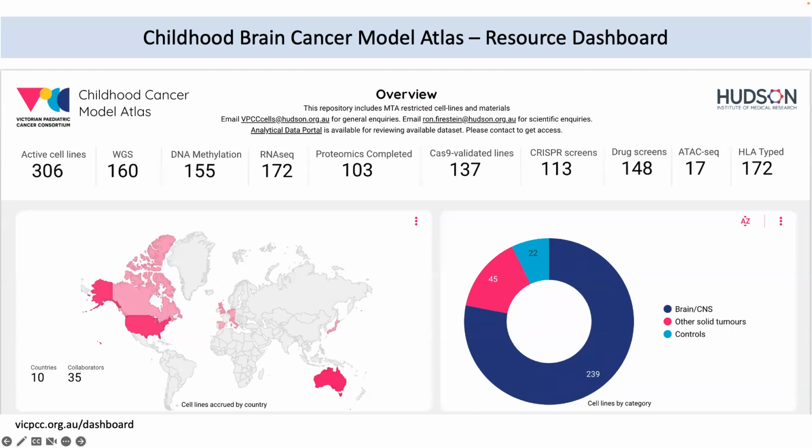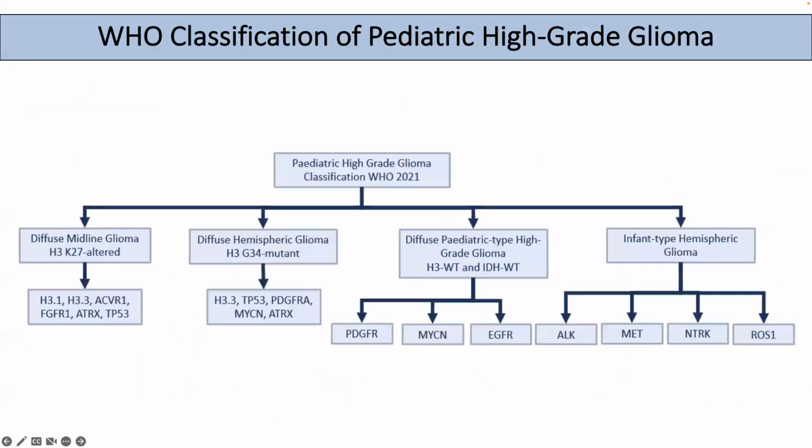Why do we really need this many cell lines is something that some of you might be asking. I think that's really exemplified by this screenshot from the latest WHO classification of pediatric gliomas. We're well aware that over the last 5 years or so, the diagnostics of pediatric cancers, and particularly brain cancers, has become more and more molecularly defined.